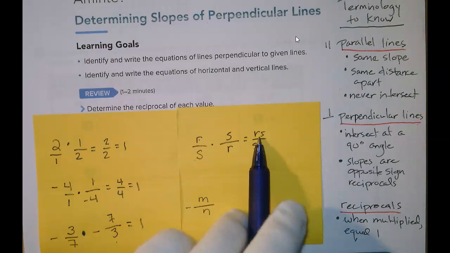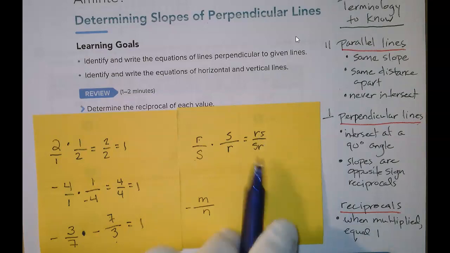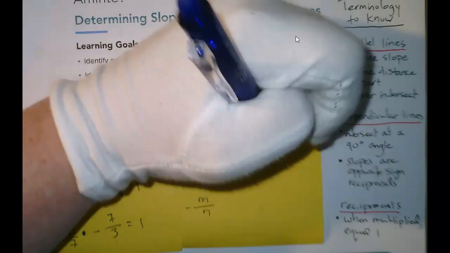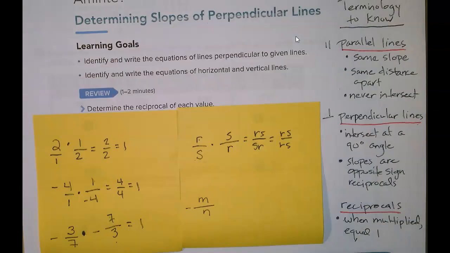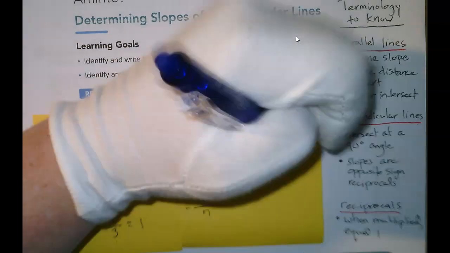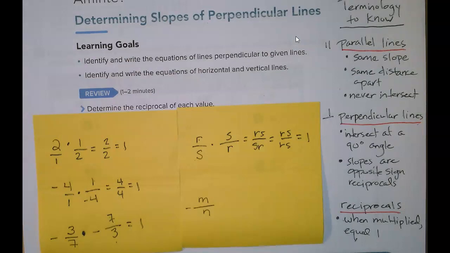So even though this says R times S, and this says S times R, because it's multiplication, you could use the commutative property to rewrite it in a different order. And now it's even easier to see that those two things equal 1 when they're multiplied.